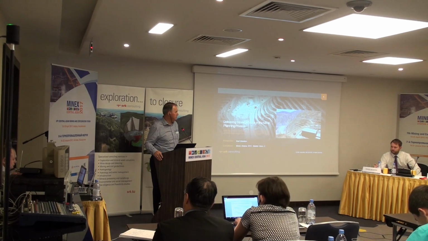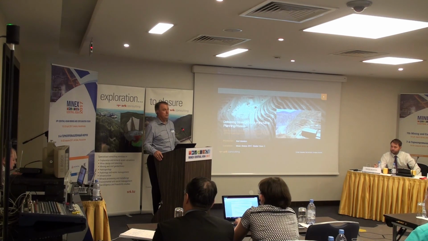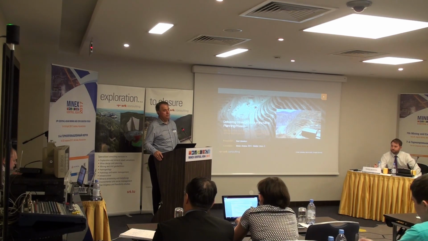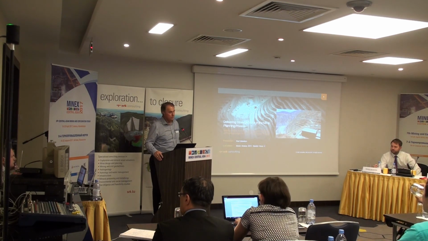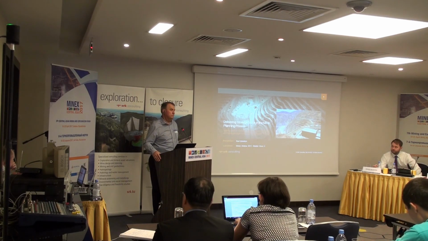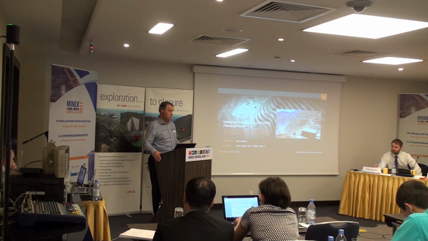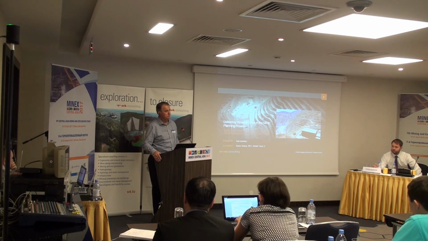As an example, we reduced the cut-off grade from around 0.6, 0.7 grams per tonne down to 0.3. That's a function of the ore sorting mass yield and gold yield and the distribution of material that you have to crush and process. But an interesting area of development.